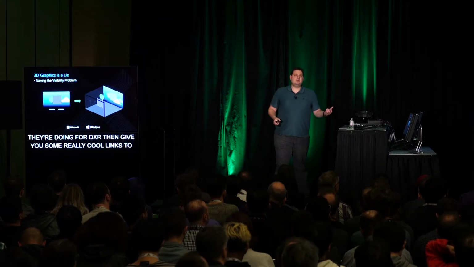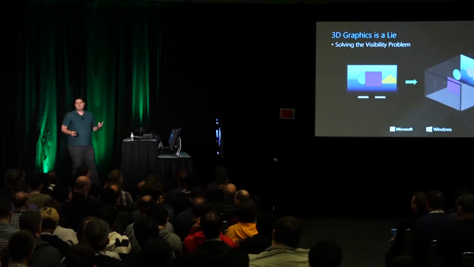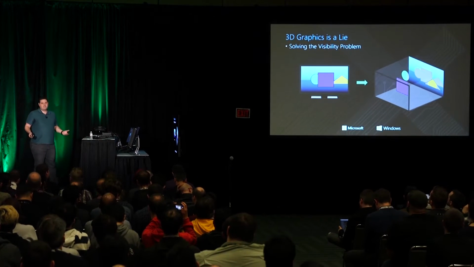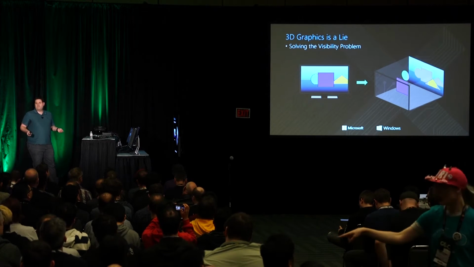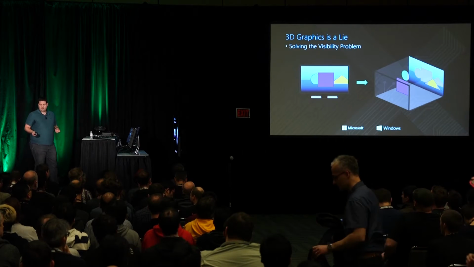So first, let's talk about ray tracing. For 30 years, pretty much almost all games use the same basic technique for rendering content to the screen, and that's rasterization. Rasterization is an embarrassingly parallel problem. It's a very efficient way of solving the visibility problem, but it has its problems.